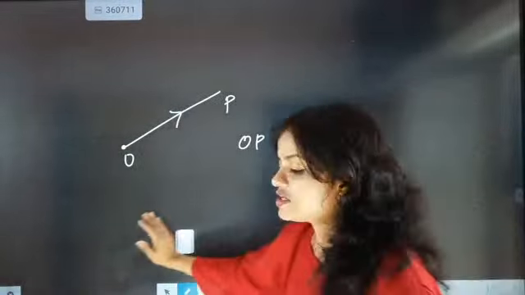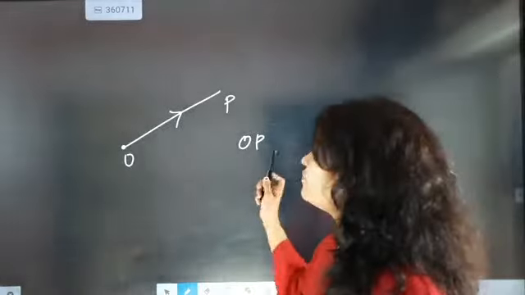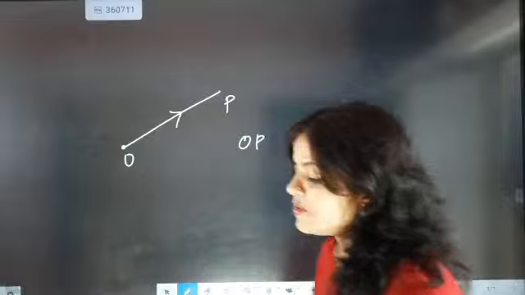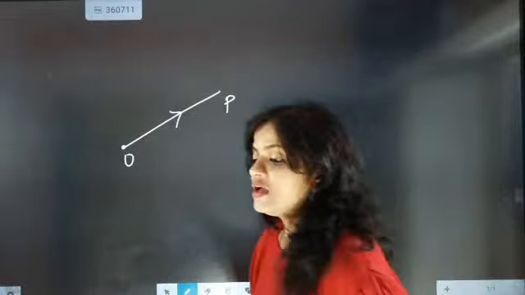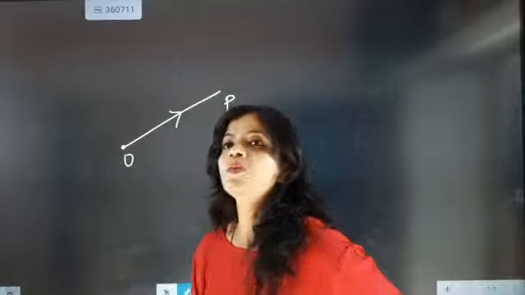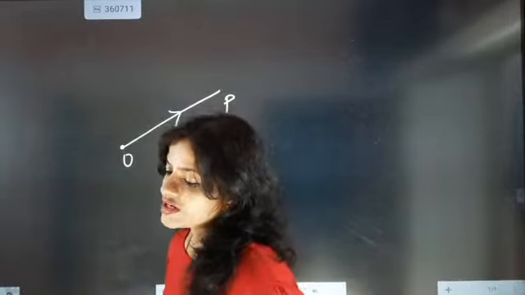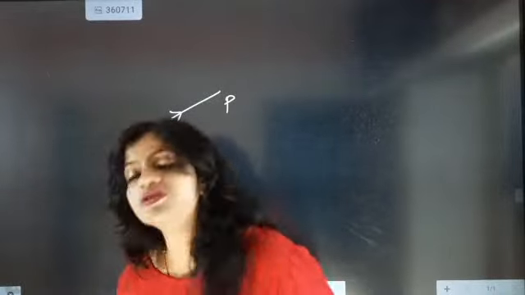So position vector is going to be like this. Position vector of P with respect to O, we write like this.